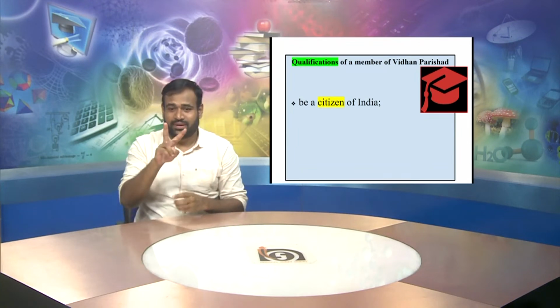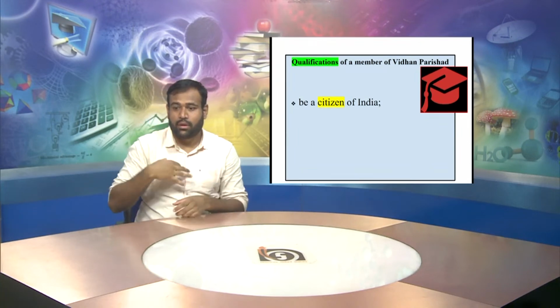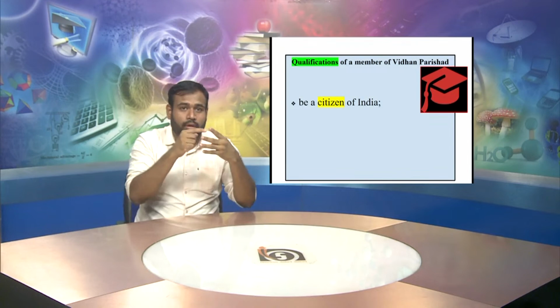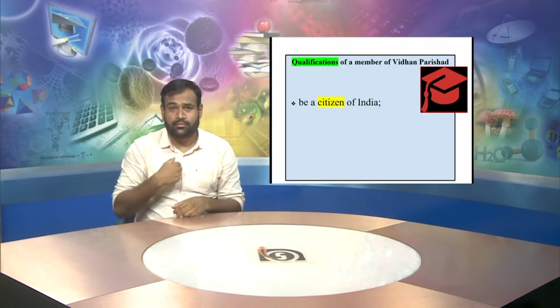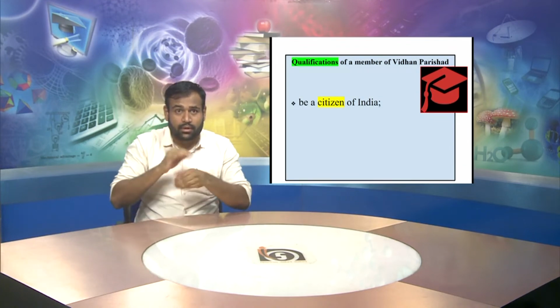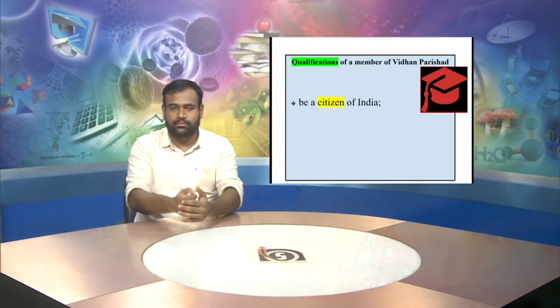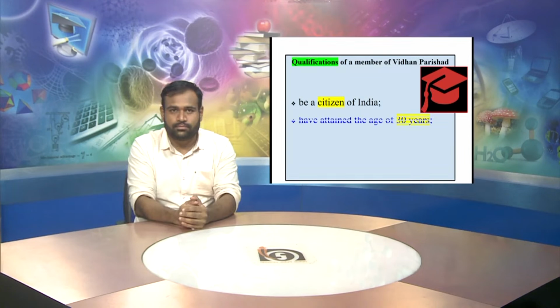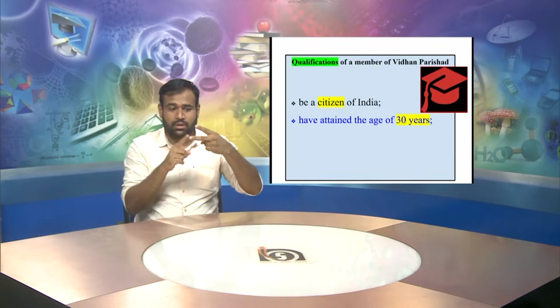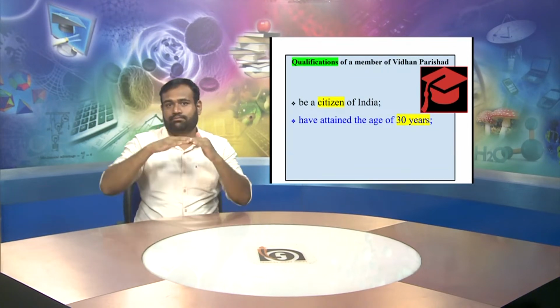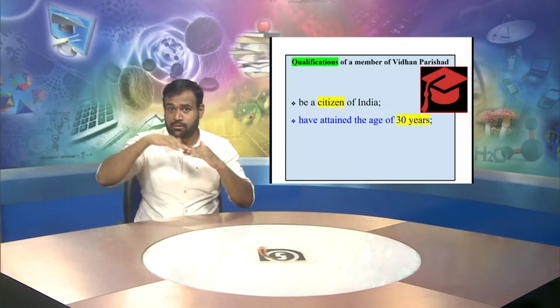Let us continue. We were discussing the Vidhan Parishad. Let us now understand the qualification of a member of Vidhan Parishad. In order to be a member of the Legislative Council, the person needs to be a citizen of India.